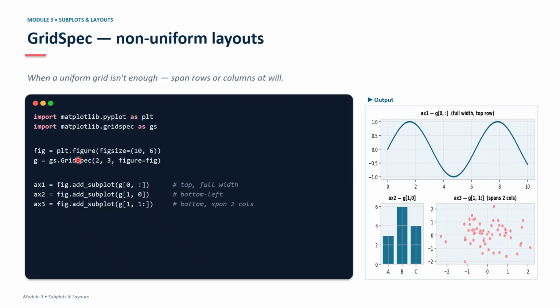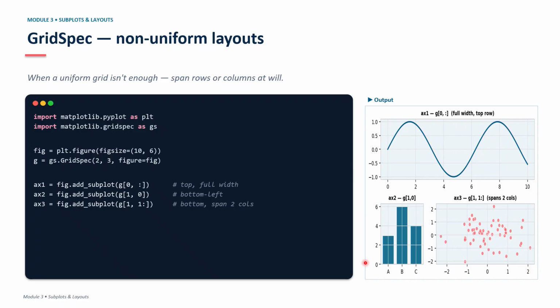You have to note here that you are not supposed to use plt.subplots, because GridSpec works only with the plain figure and does not work with the subplots method. This is the main thing that you have to remember whenever you use GridSpec. Then you can give GridSpec of 2 comma 3 with figure equal to fig. What happens is it creates 2 rows and 3 columns, a virtual grid.